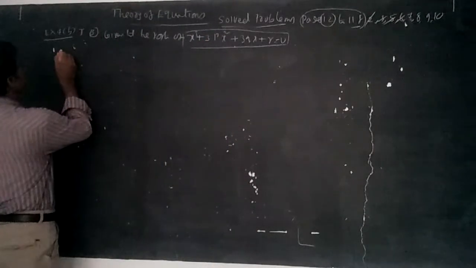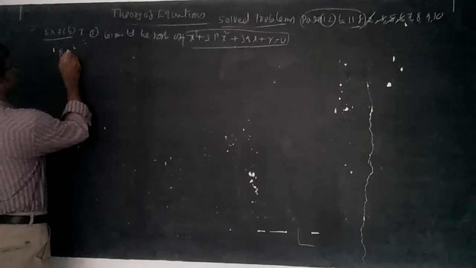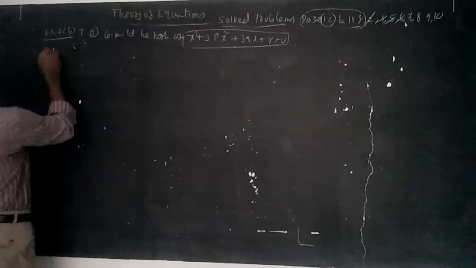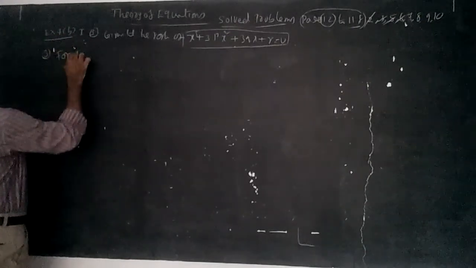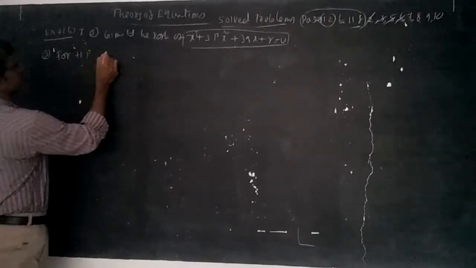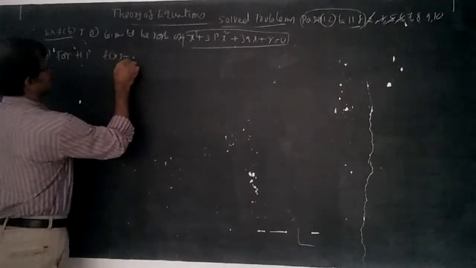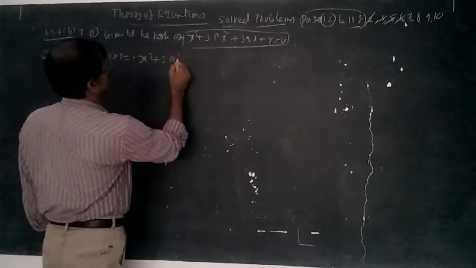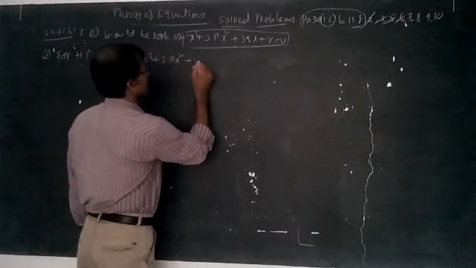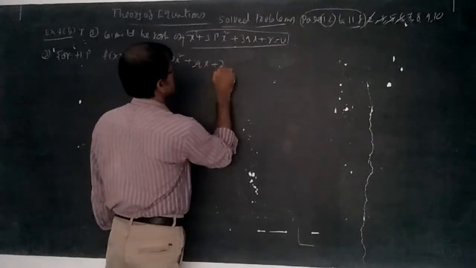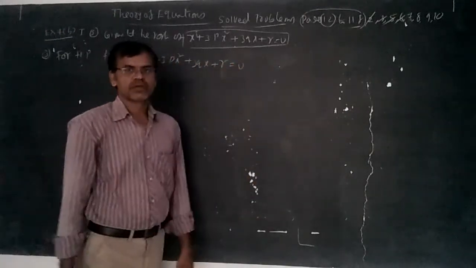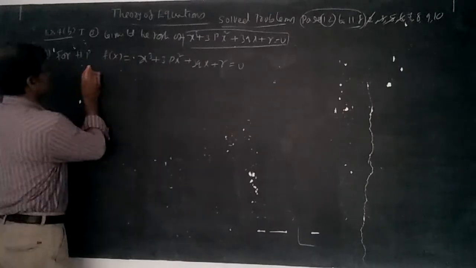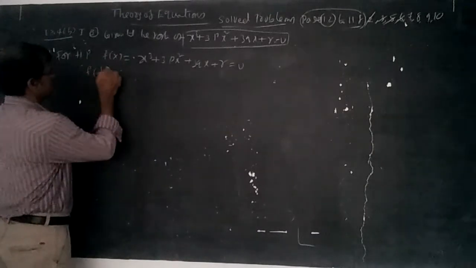Now, for HP, we write f of x is equal to x cube plus 3px square plus 3qx plus r is equal to 0. Let us consider f of 1 by x.